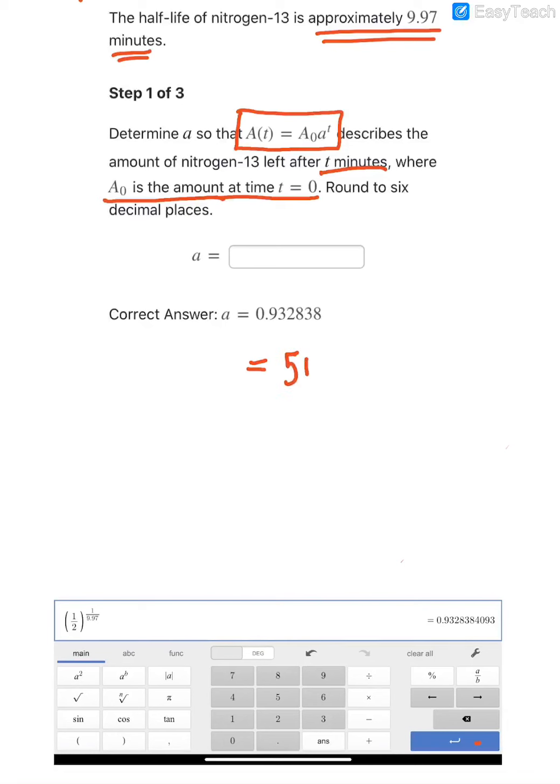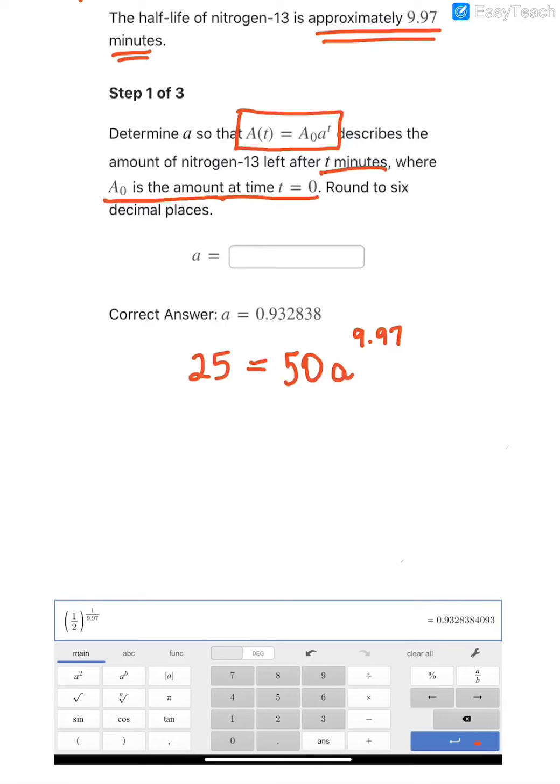Now, we don't know what a is, but that gets multiplied by a to the power of the half-life, in this case 9.97. That's how much time it takes to reduce our initial amount of nitrogen 13 to half the amount. So if we started with 50, this has to become 25.